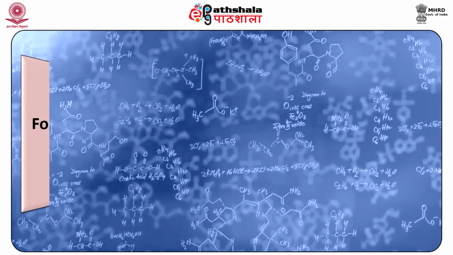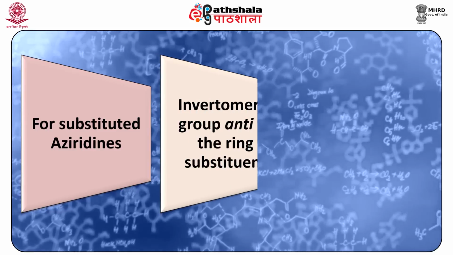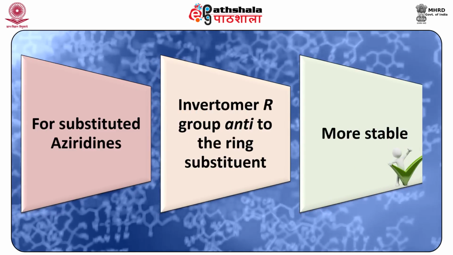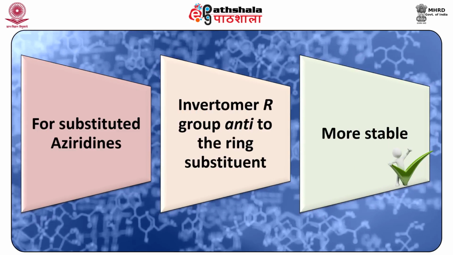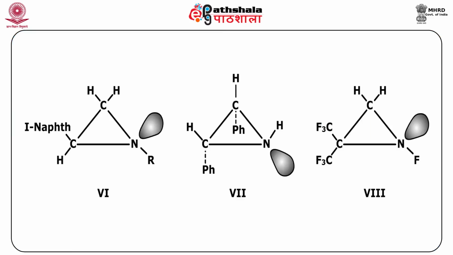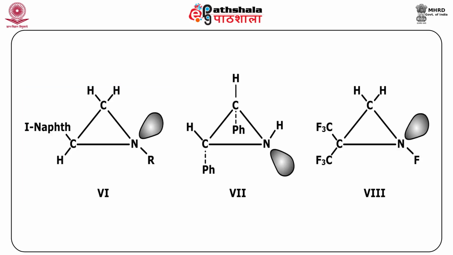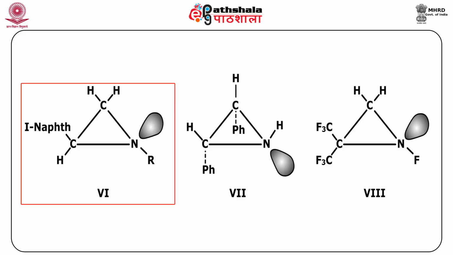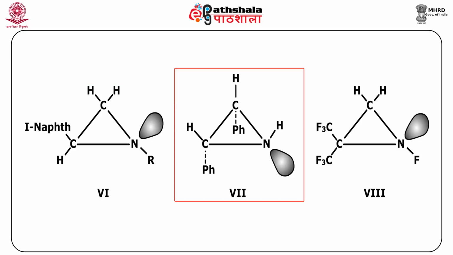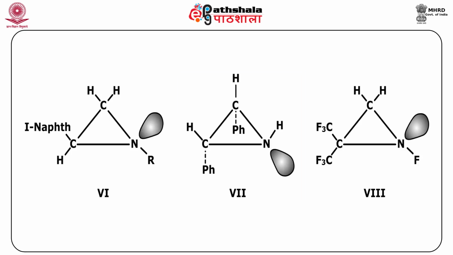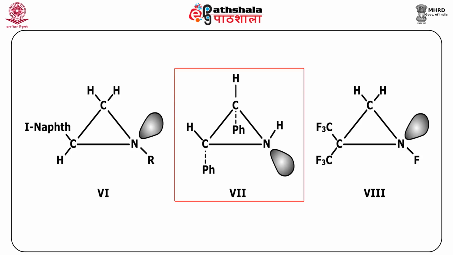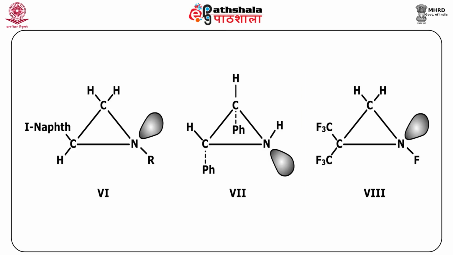For the substituted aziridines, the invertomer which has the R group trans to the ring substituent is more stable. The enantiomers of amine are termed invertomers. 2-(1-naphthyl)aziridines, as you can see in structure 6, exist in the anti conformation, and 2,3-diphenylaziridine, which is structure 7, in the cis form.